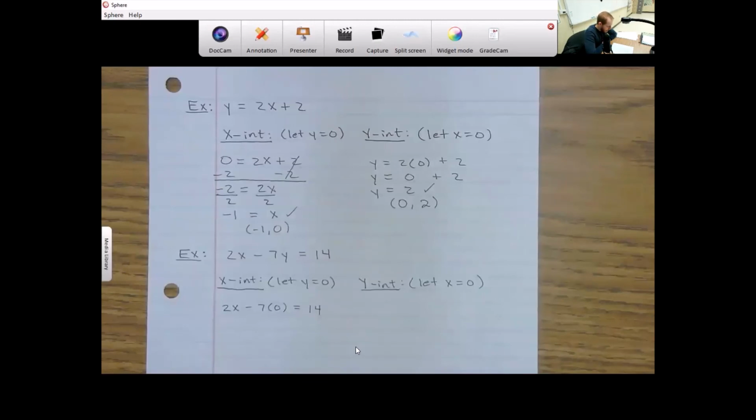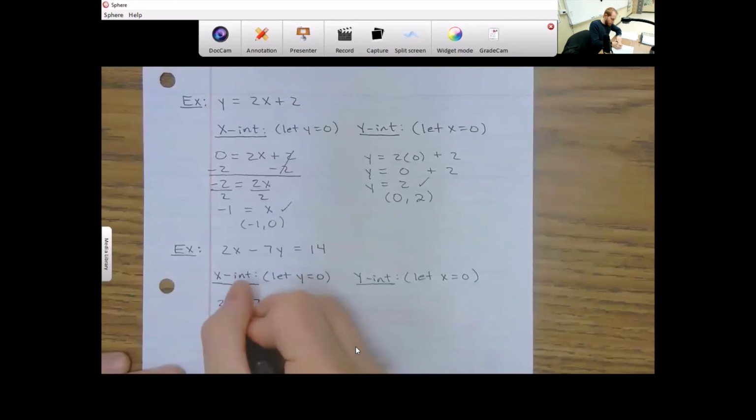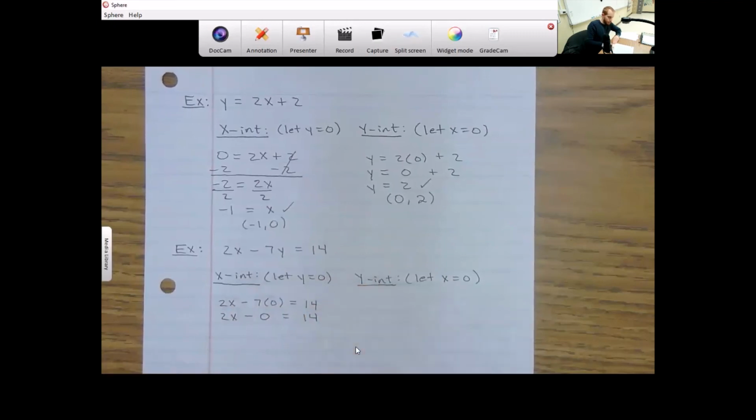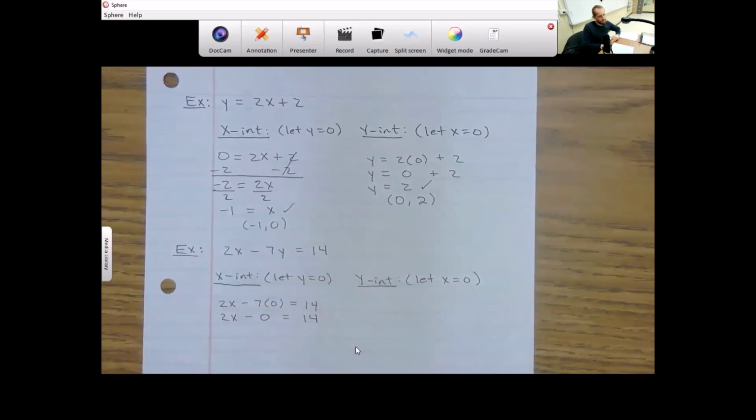So what's -7 times 0? That would be 0, right? So essentially, I get 2x minus 0 equals 14. So far, so good, right?